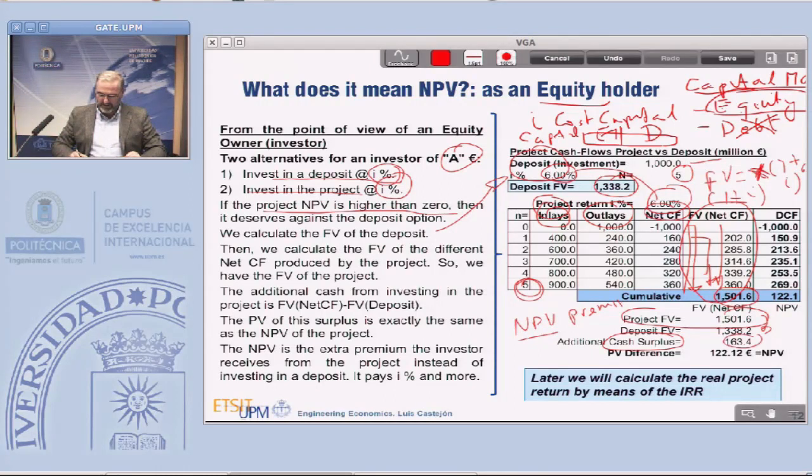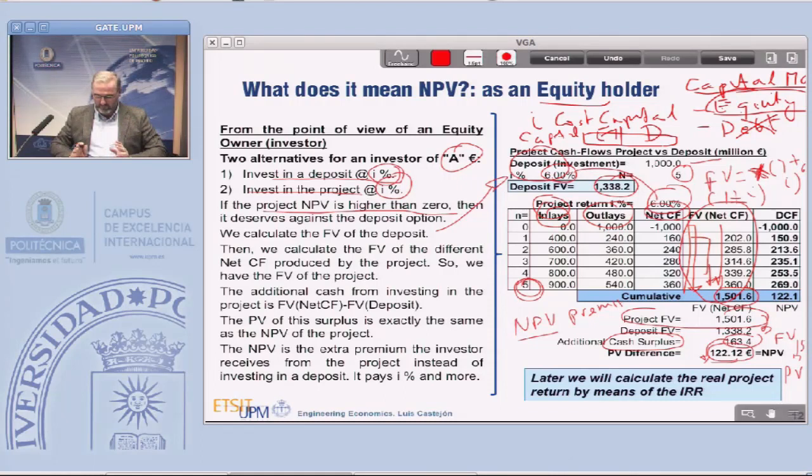This is 163 euros. So if we move this future value in year 5 and then we calculate the present value of this future value, this present value of this surplus, of this difference, is 122 euros.